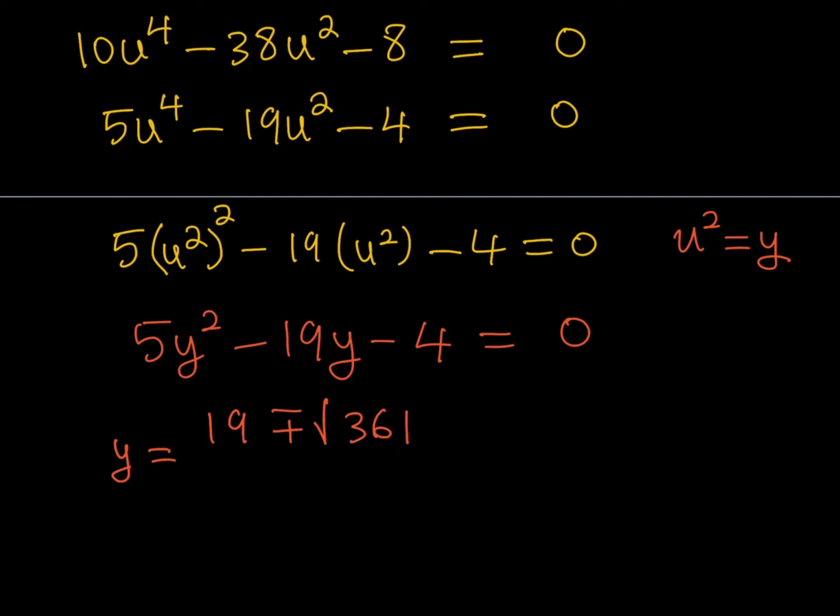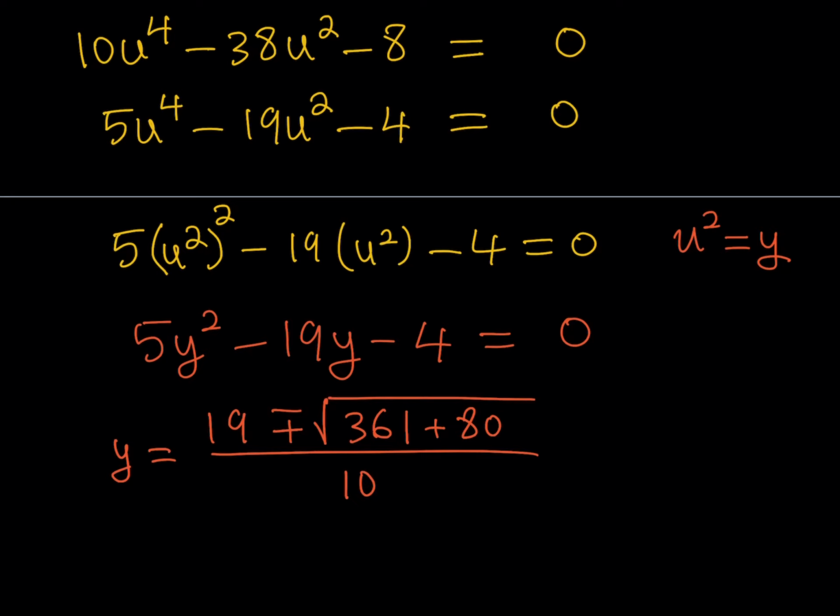Remember, we used this number yesterday, I believe. 19 squared is 361. Minus 4ac. Since c is negative, I can just put a plus sign there and multiply 4 times 5 times 4, which is 80. And that's going to give us a nice number too, so don't worry about it. Plus 80, and then divided by 2 times a, which is 10.